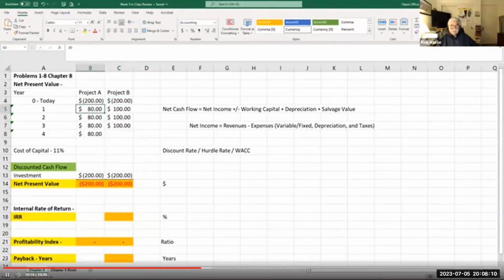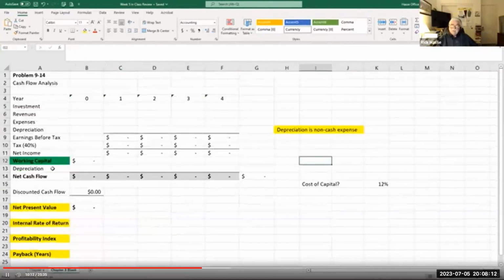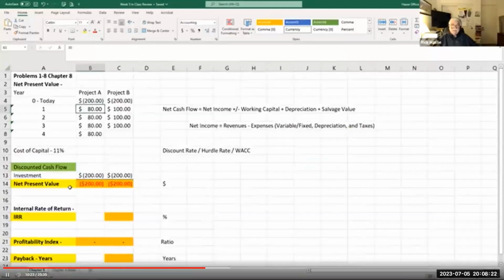And this problem in the spreadsheet right here is problem 9-14 in Chapter 9, which we'll review in this weekend's video, of how you go about determining the cash flow. This is huge. Every CFO, every financial manager in the world does this numerous times when they have to determine whether an investment is feasible to make.